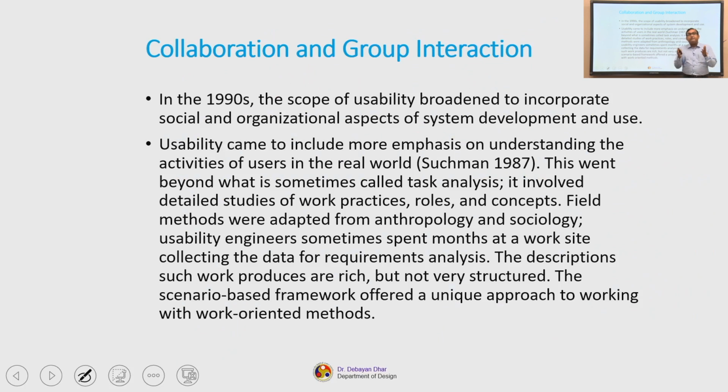Usability came to include more emphasis on understanding the activities of users in the real world. This went beyond what is sometimes called task analysis. It involved detailed studies of work practices, roles and concepts. Field methods were adopted from anthropology and sociology.